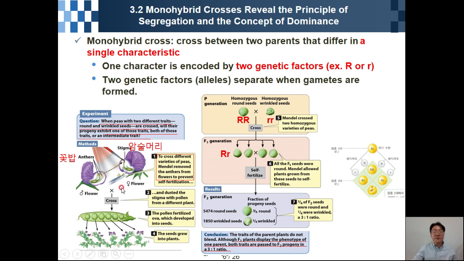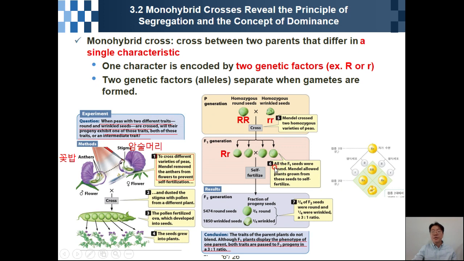After crosses, he found that, so he used homozygous round seed, and also he used homozygous wrinkled seed. And he did monohybrid crosses. Only one is different, for example seed shape. So this is the F1 generation. He found that all of the F1 seeds were round.